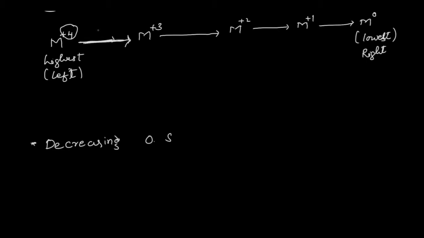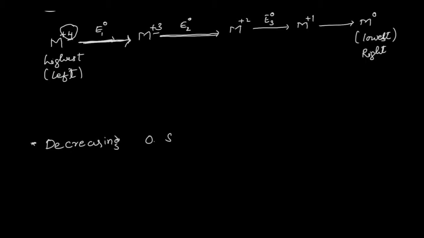The standard reduction potential for the conversion of M+4 to M+3 is written here on the horizontal line. Let it be E0 of the first step, that is E0 1. For the second step, there will be a corresponding E0 value written on the horizontal line, that is E0 2. The E0 value for the third step, the conversion of +2 to +1 oxidation state, is written here.